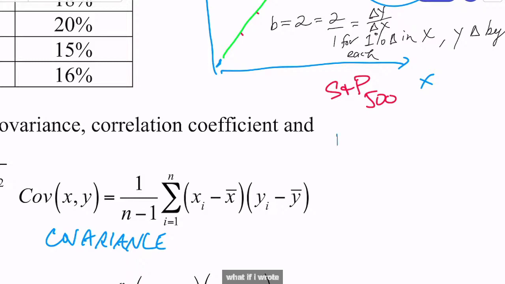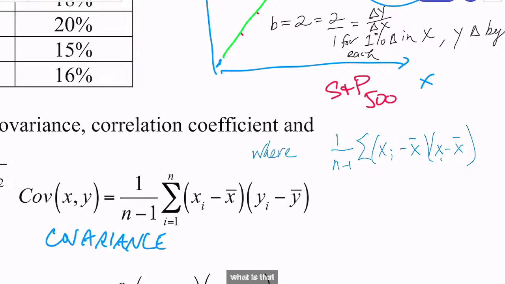What if I wrote what is that? Statistics is about averages and relative measures.